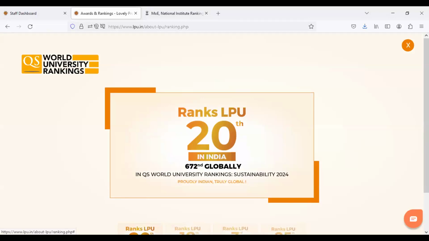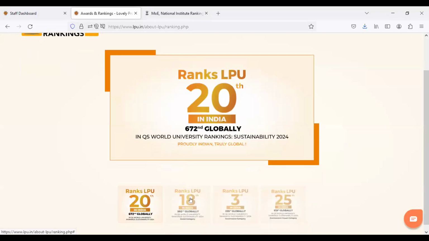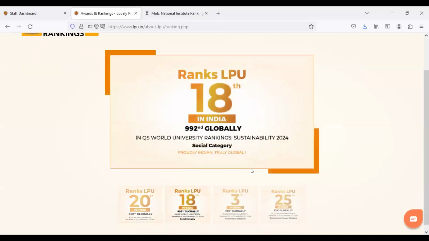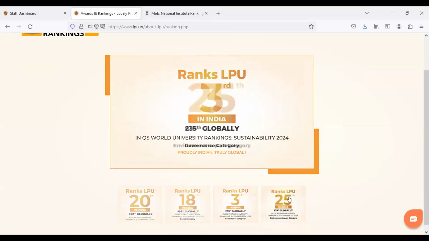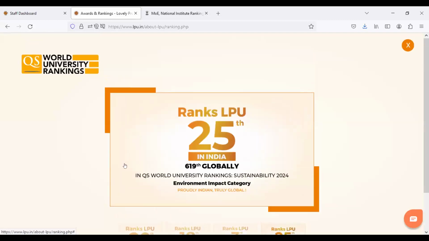If you look at the QS ranking, you can see the ranks: 18th rank in India, then third rank in India, and then 25th rank in India. Based upon various parameters, further you can check over here, on the governance category and on the environment impact category. So there are various categories on which the QS ranking is based.